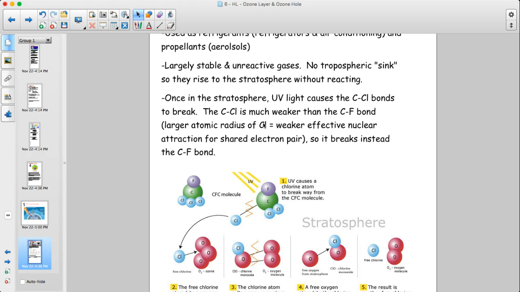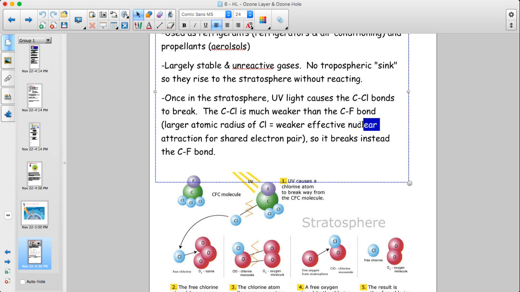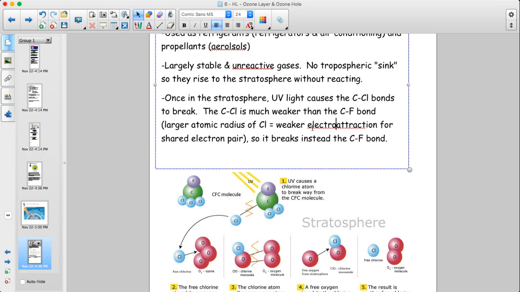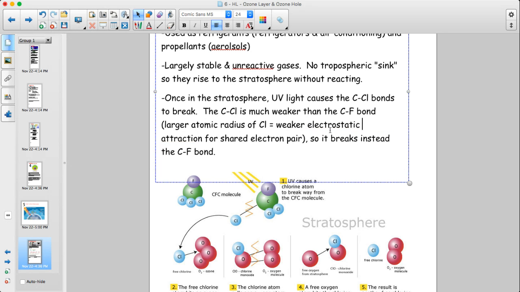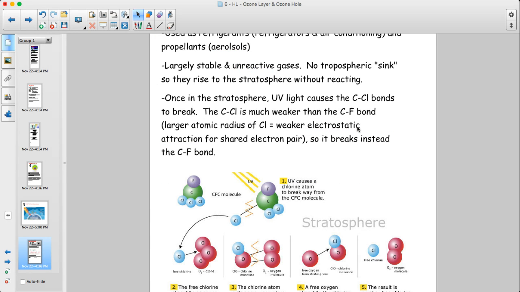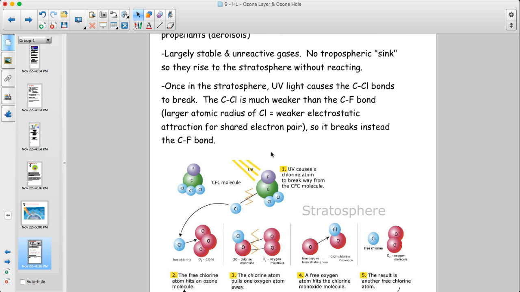Chlorine is a bigger atom, so there's a weaker nuclear attraction for the shared electron pair. So I should say weaker, I meant to say electrostatic attraction. The covalent bond is an electrostatic attraction between the nuclei and the shared electron pair. It's weaker in the carbon to chlorine bond.